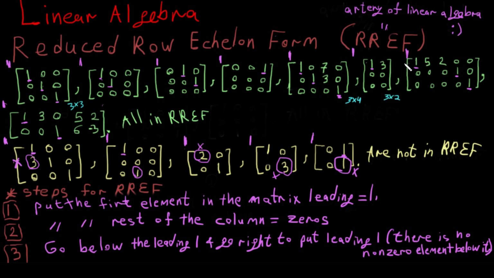You can count it like this: 1, 2, 3 rows, and going to the right 1, 2, 3, 4, 5 columns, so here 3 by 5. The same thing: 1, 2 rows and 5 columns, so the size is 2 by 5.